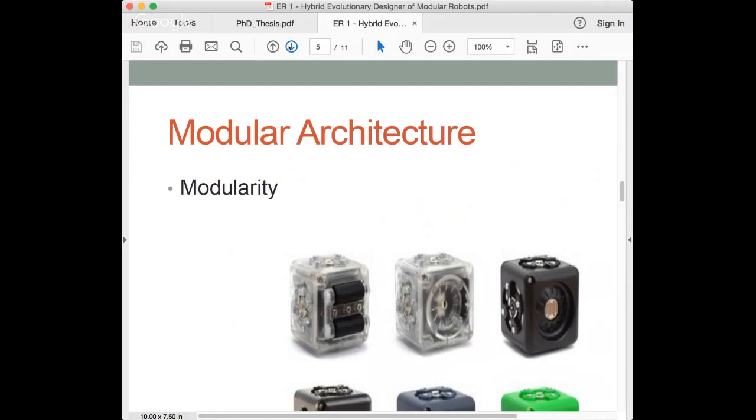So modular robotics are composed of multiple building blocks of a relatively small repertoire. As you can see here, we have only 6 cubes. Each of these cubes has a uniform docking interface that allows transfer of mechanical forces and moments, electrical power, and communications throughout the robot.